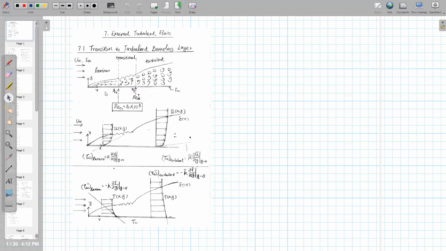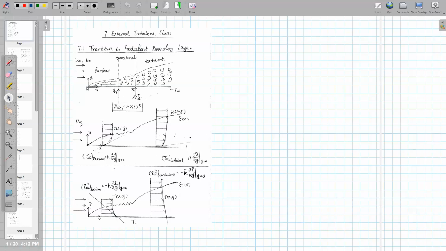Here I draw a sketch of a parallel flow over a flat plate, to show what the flow regimes will look like if the flow keeps developing along the plate direction, if this plate is long enough. In the beginning, the boundary layer develops starting from the tip of the plate.